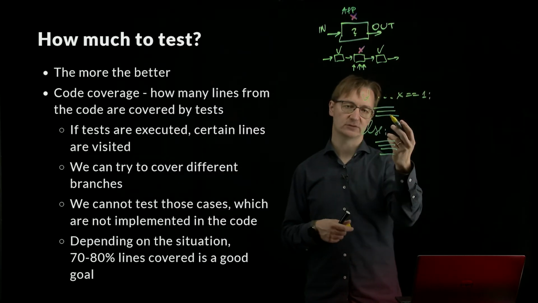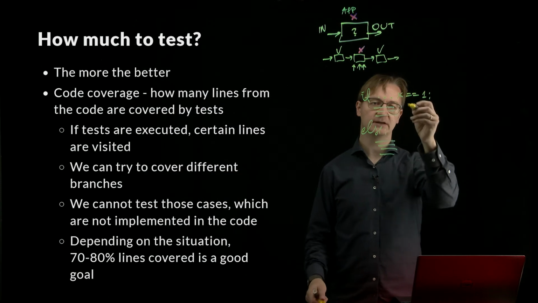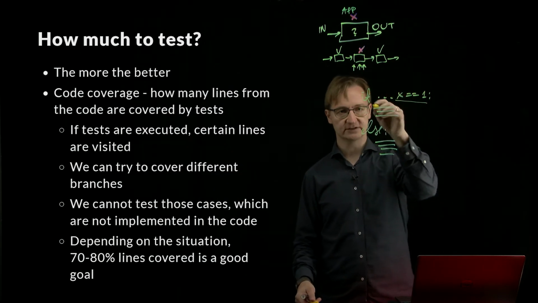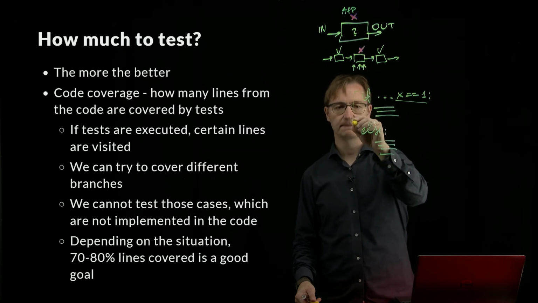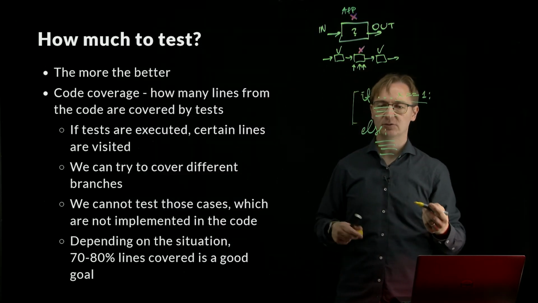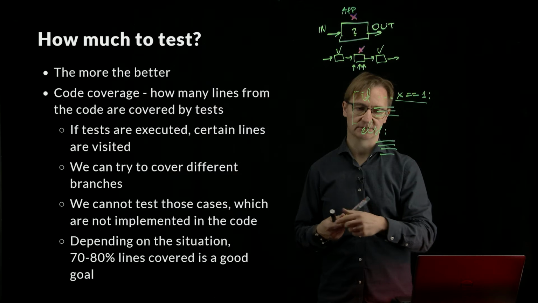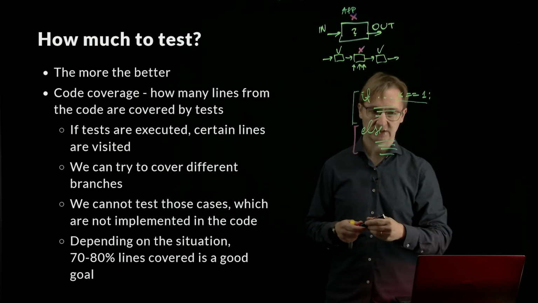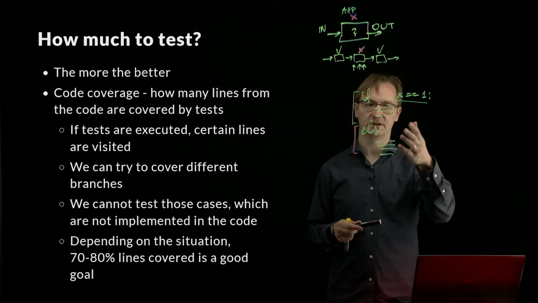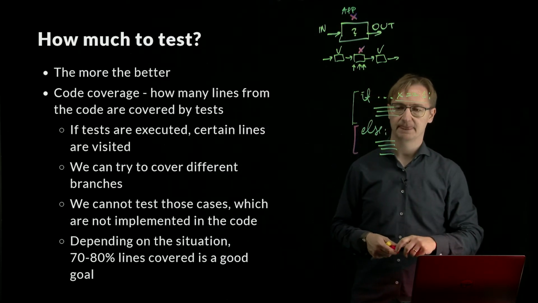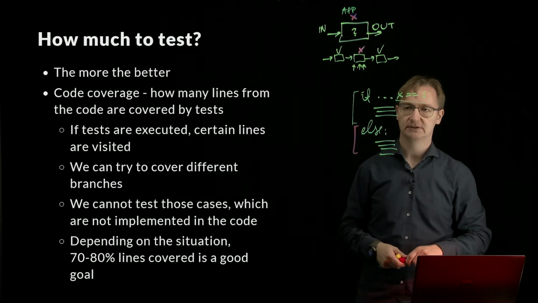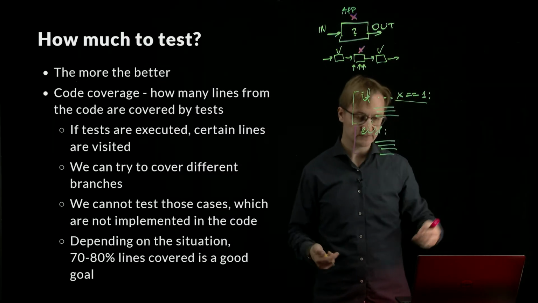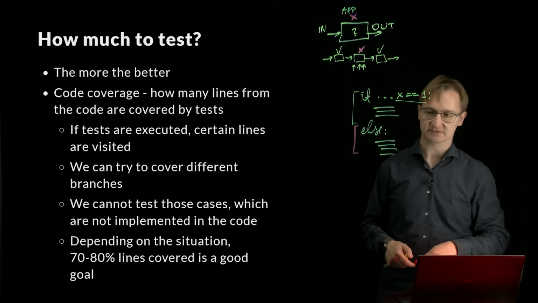Now if I call this function and I pass in this x with the value 1, then those lines are executed. And if that's all, then not all those lines are covered because we didn't test our code with different values. So then I probably have to pass in x is 0 or x is 11, and then those lines are also covered. So basically every line which is visited is said to be covered.